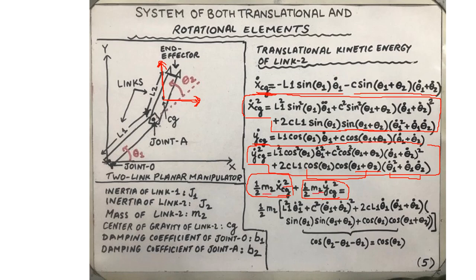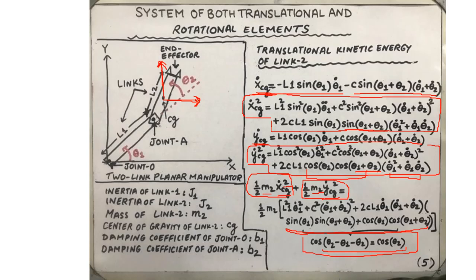And if we plug in the expression of corresponding linear velocities, the final expression is somewhat more simplified due to the fact that some of these terms are simplified, noting that sine square theta plus cosine square theta equals 1. And moreover, the last two terms can be combined to give us cosine of theta 2 minus theta 1 minus theta 2, which is cosine minus theta 2, same as cosine theta 2.